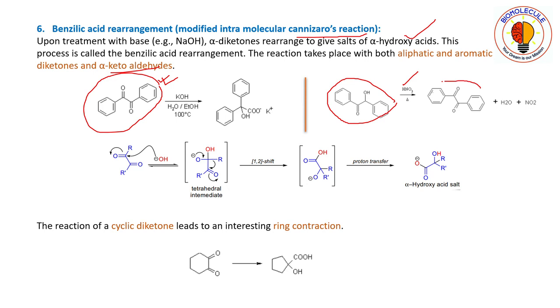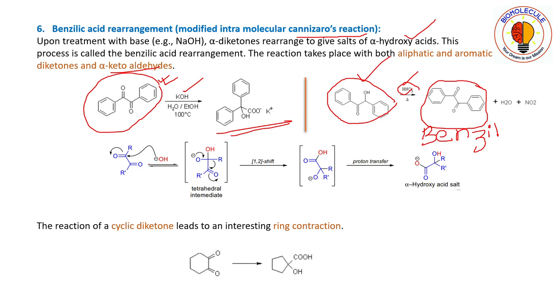What you will get is benzil, that is, alpha diketone. You treat the benzoin product with nitric acid and you will get alpha diketone, that is benzil. So treat it with KOH and water in ethanol. So you will get your alpha hydroxy acid, that is, salt of alpha hydroxy acid.